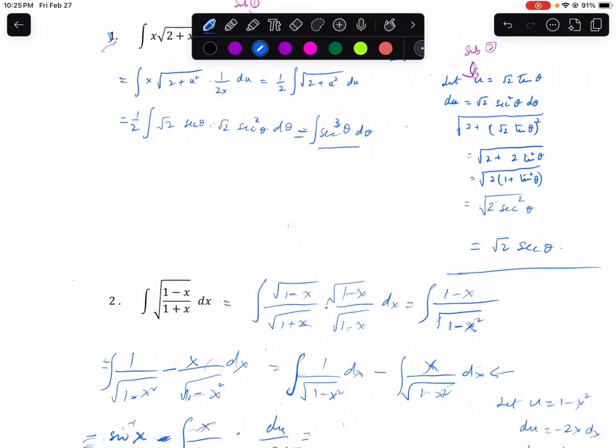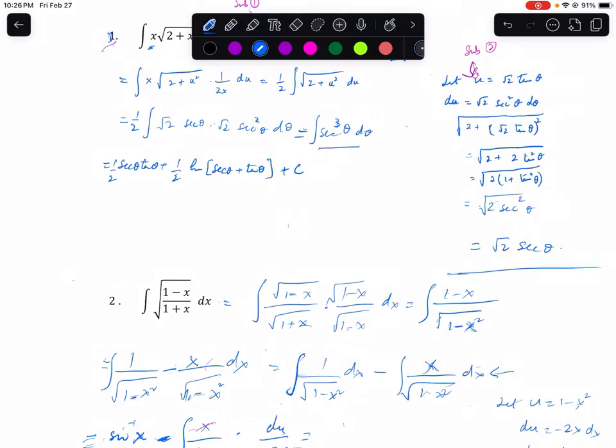So now we have this is equal to 1/2 secant theta tangent theta plus 1/2 ln of secant theta plus tangent theta plus c. Now here we have to go back and convert it to x. I think that's where we started.